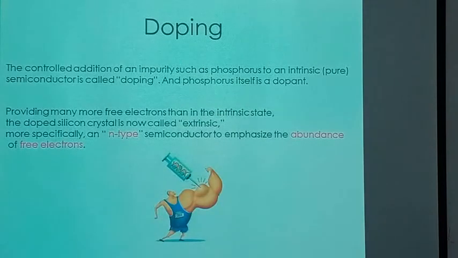Doping, the controlled addition of impurities such as phosphorus to an intrinsic pure semiconductor, is nothing but doping. If we add pentavalent impurity into intrinsic semiconductor, then it is known as N-type semiconductor. And if we add trivalent impurity into an intrinsic semiconductor, then it is known as P-type extrinsic semiconductor.